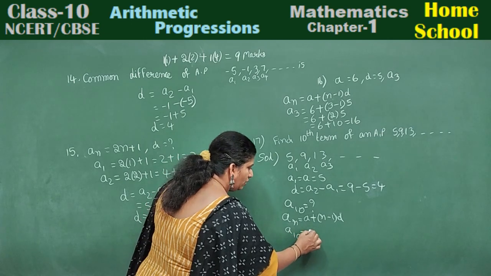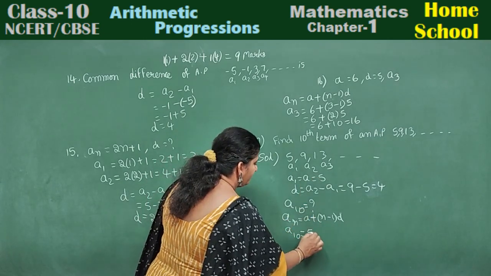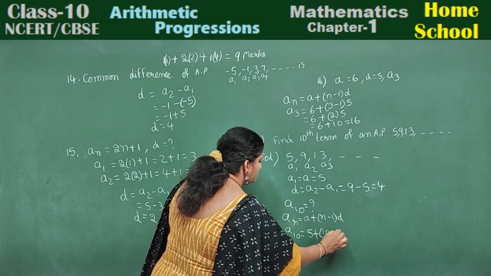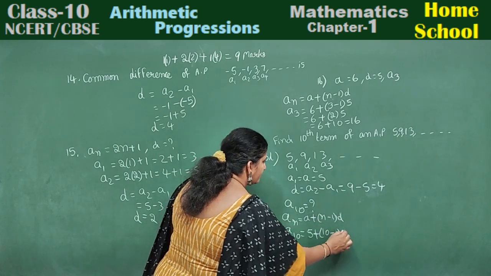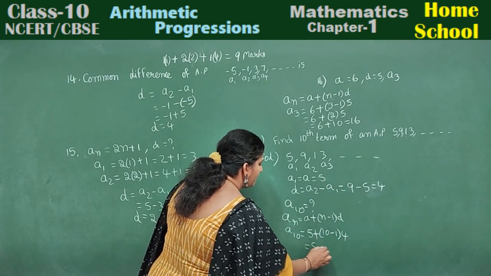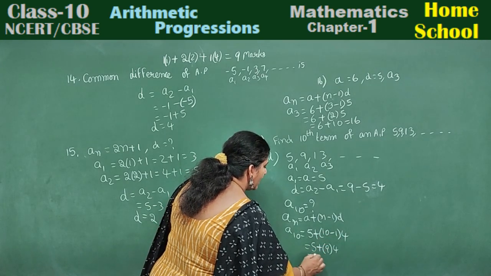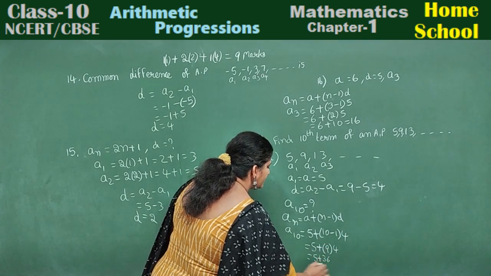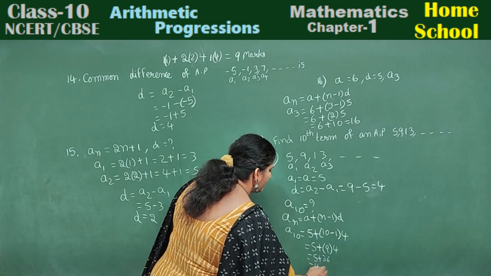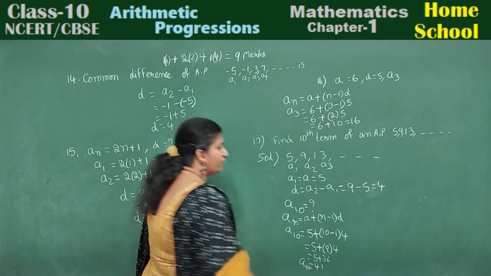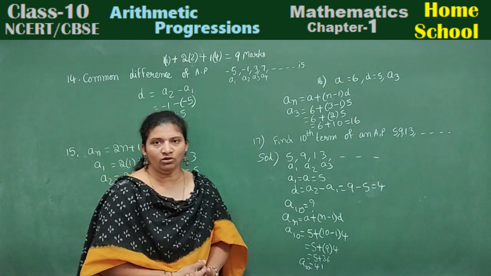A10 is equal to A value 5, plus n minus 1 is 10 minus 1, D value is 4. 5 plus 9 into 4. 9 fours are 36. 36 plus 5 will be 41. Therefore, the 10th term is equal to 41.